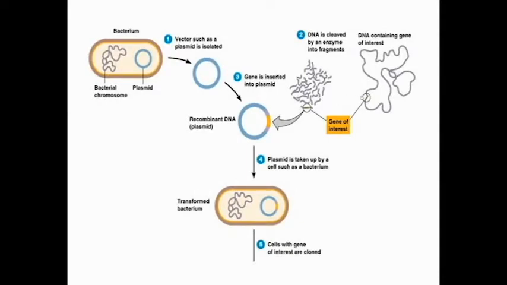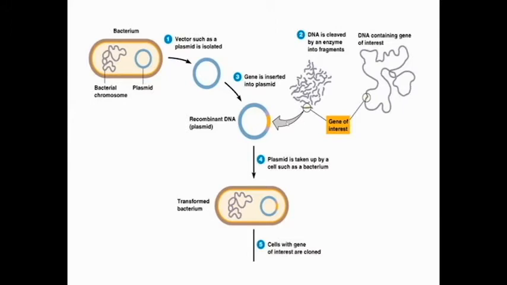Then you can either use the restriction enzyme to cut that piece out and reproduce it, or you can reproduce it by using PCR to amplify that piece of the gene of interest, which gives you a piece of DNA sequence.